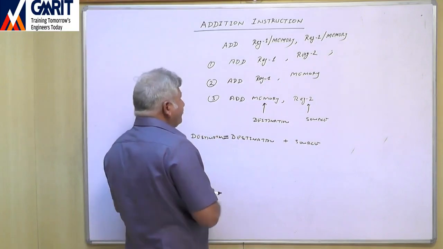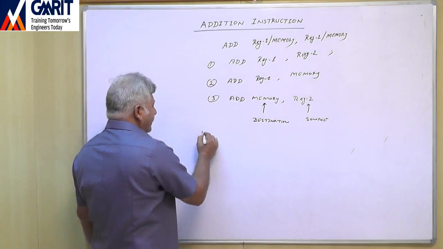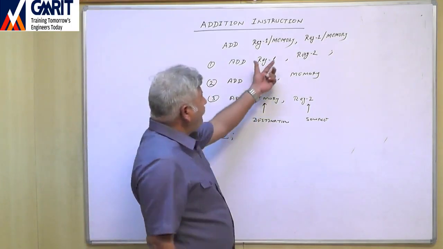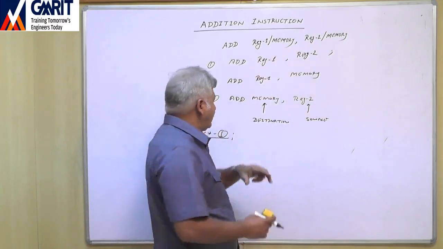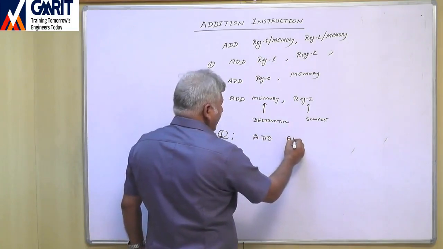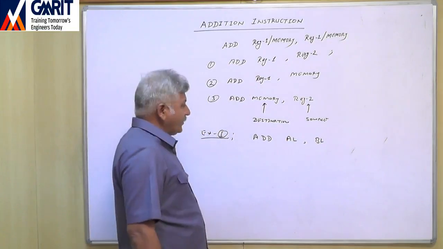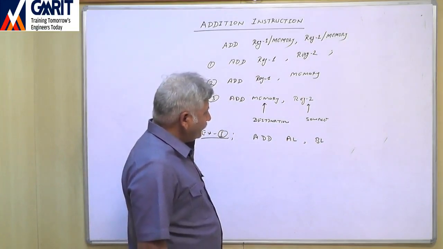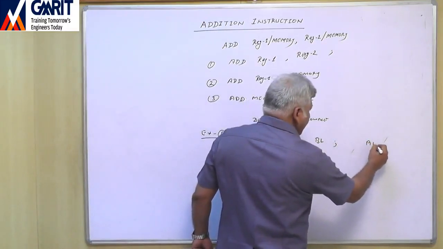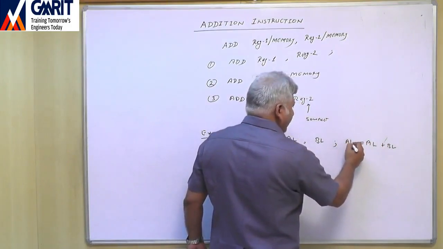For example, in the first case, add the value of a register with the value of another register. So ADD AL, comma, BL. Here both the registers are 8-bit registers. So this instruction will add the content of AL with BL and finally the result will be stored in AL.